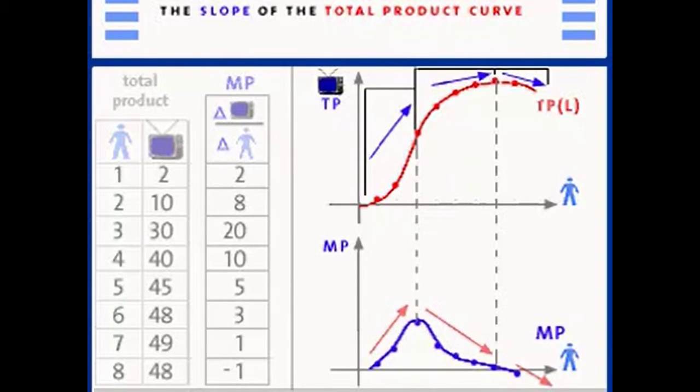There are things that 2 workers can do to produce televisions that 1 worker can't do by herself. There are things that 3 workers could do that 2 workers can't do. Teamwork and specialization become possible as you add extra workers working together at the same time. So when we talk about the marginal product of technology, we're talking about how productivity changes as you add additional workers that are working at the same time, at once, together, over a given period of time, like a week.